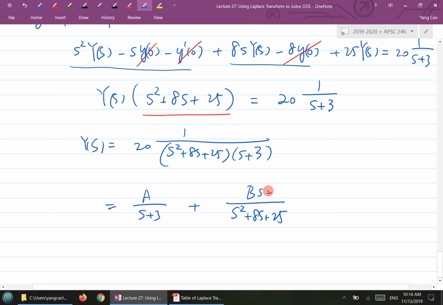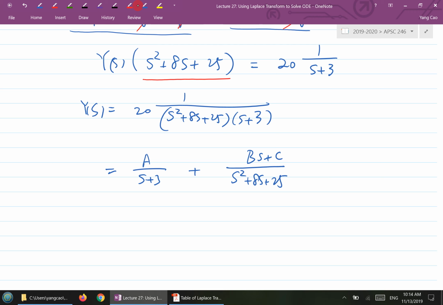So basically, what I'm doing here, the A is a constant associated with that s plus 3, very much like case number 1. But for the other term, s squared plus 8s plus 25, your numerator here is Bs plus C.